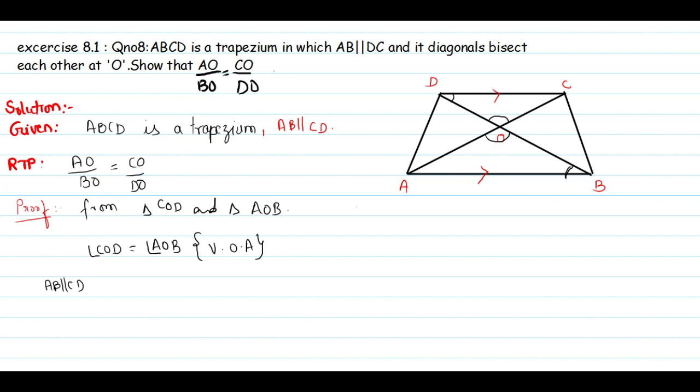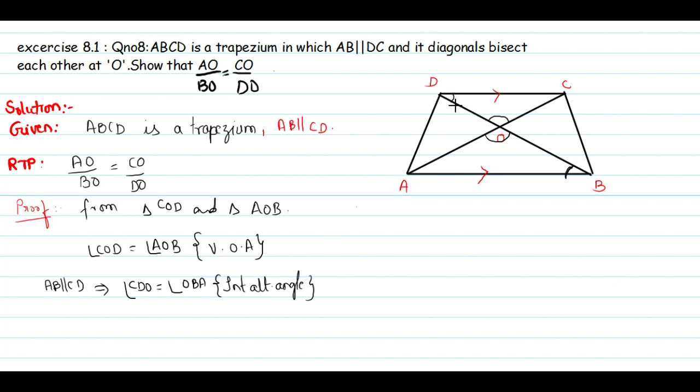These angles are actually interior alternate angles. If we consider AB and CD as parallel lines, then BD will act as a transversal and these two angles will be the interior alternate angles, that is angle CDO is equal to angle OBA. Why? Because these are interior alternate angles.